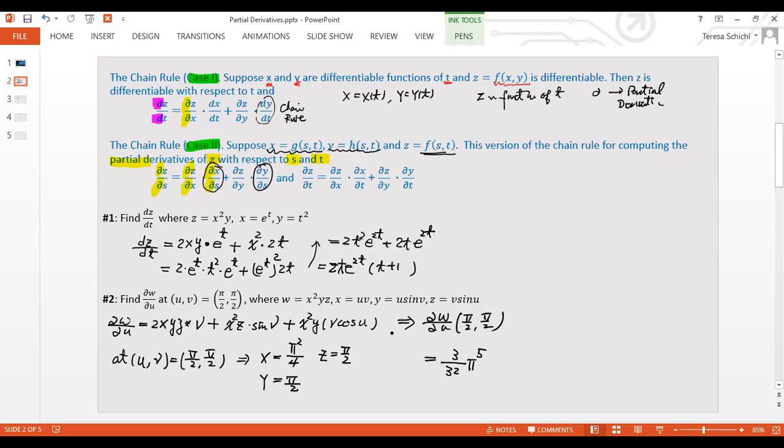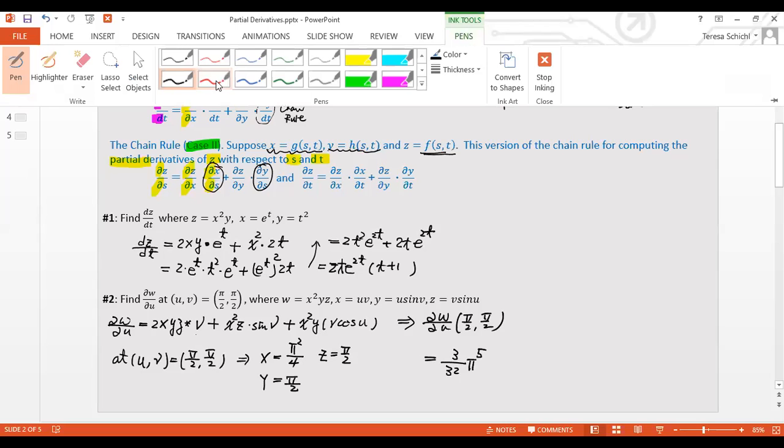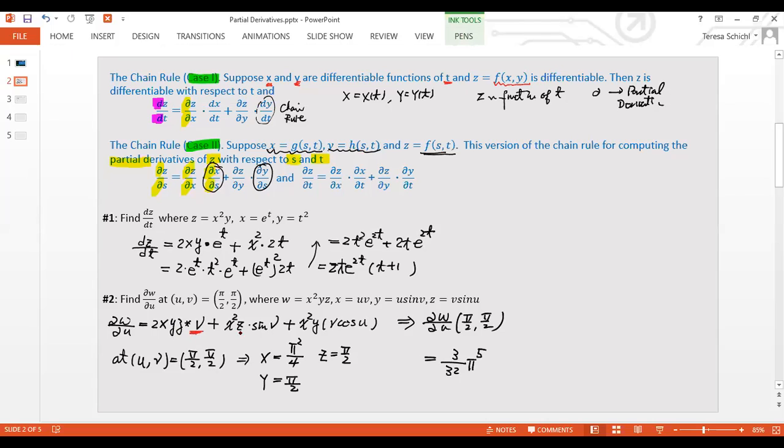So this is the partial derivative, and this is the chain rule, right? So it's pretty simple here. Every time you take a partial derivative of your variable, don't forget all these are chain rules, right? This is the chain rule, this is the chain rule, this is the chain rule. So just be very careful and be patient, and you will get it.